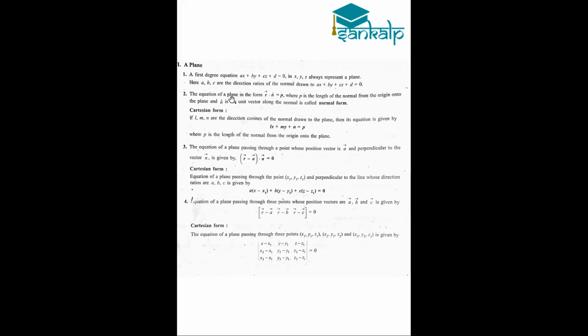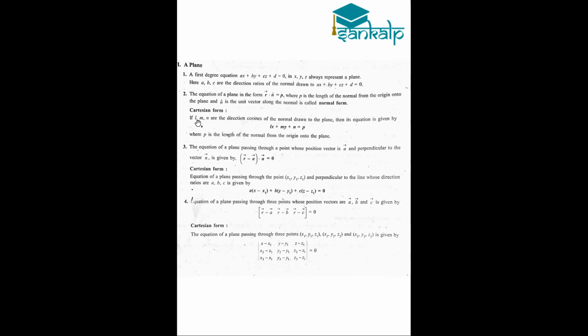Second point, the equation of the plane in normal form is given by r dot n cap is equal to p, where p is the length of the normal from the origin onto the plane, and n cap is the unit vector along the normal. Next, Cartesian form.